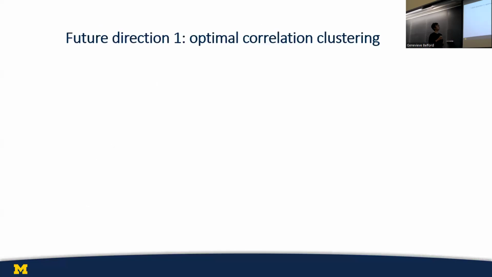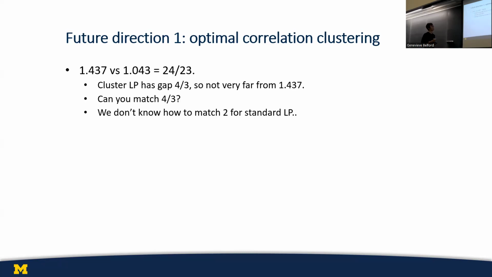That's it. Let me quickly tell you some directions about correlation clustering. Of course, the first problem is, what's the true number? The upper bound is 1.43, and the lower bound is 24 over 23. As I told you, 4/3 is a barrier, at least a first barrier. The reason 4/3 is a barrier is that 4/3 is the integrality gap of the cluster LP. That thing was extremely powerful, but even that has a gap of 4/3.